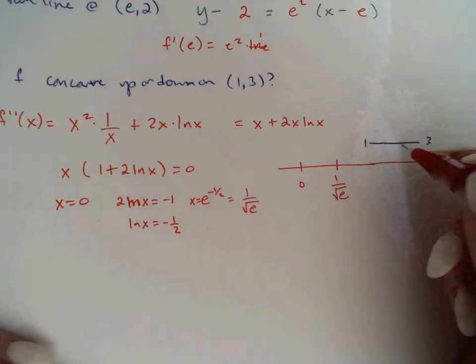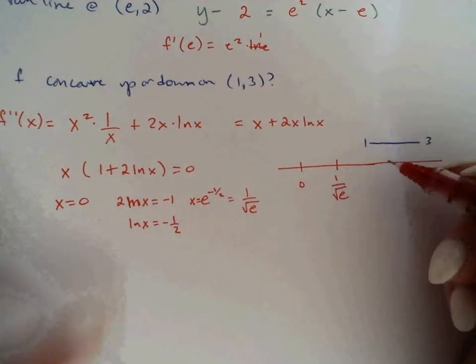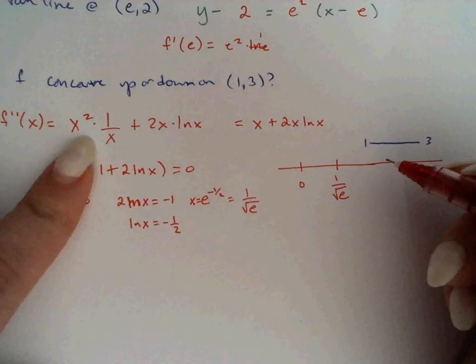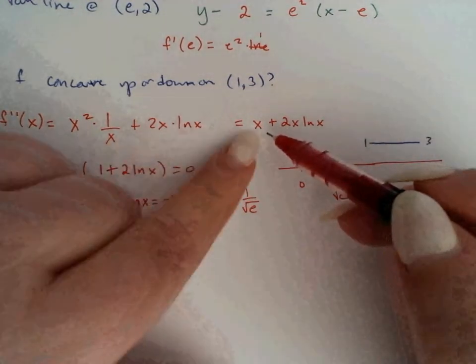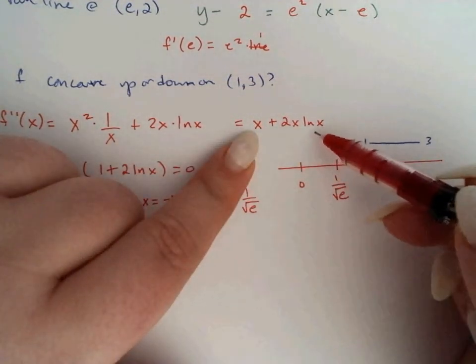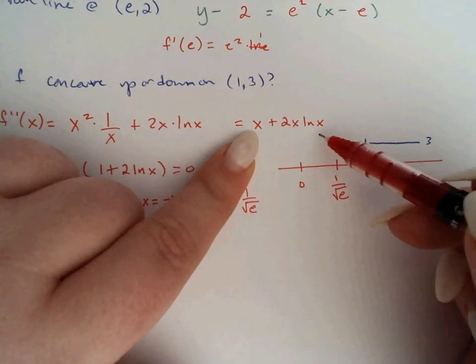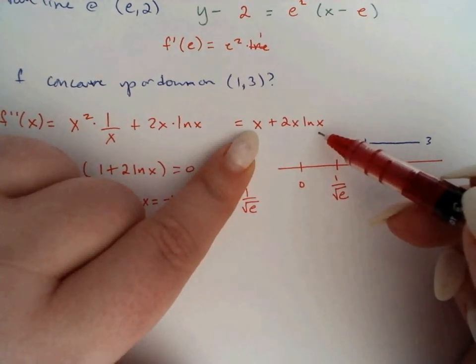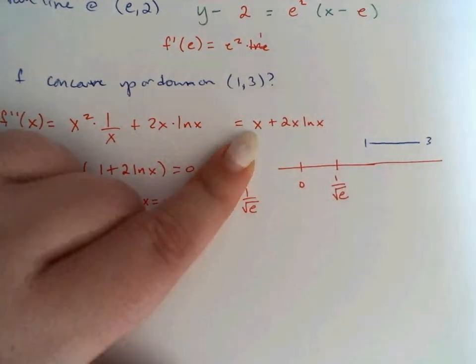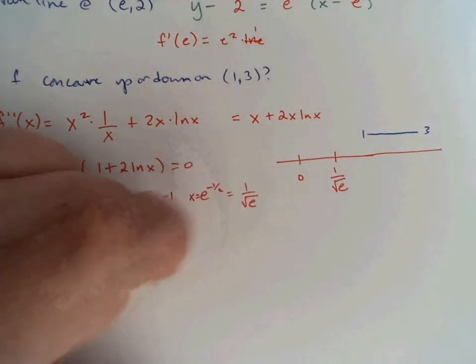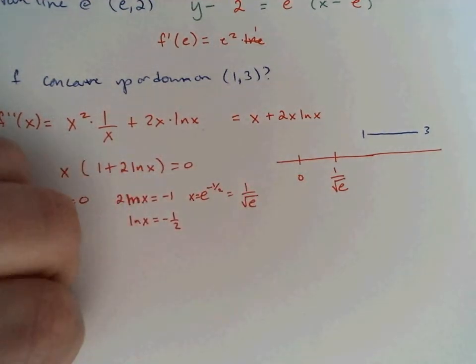So if I pick anything greater than 1 divided by the square root of e, like say 1, then I can say that the second derivative is going to be 1 plus 2 times the natural log of... natural log of e is where it crosses the x-axis. Let me think for a second.